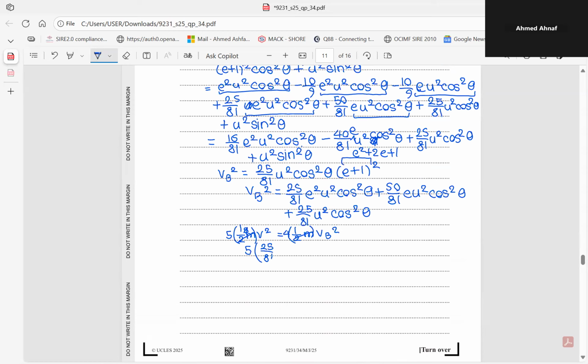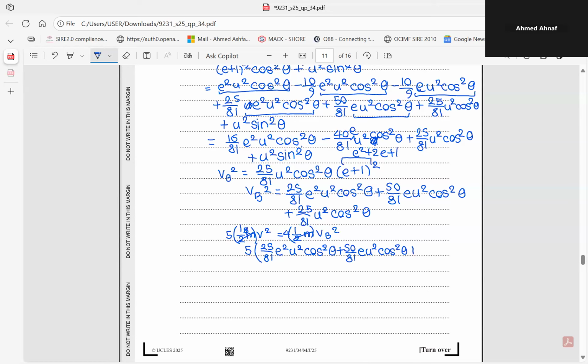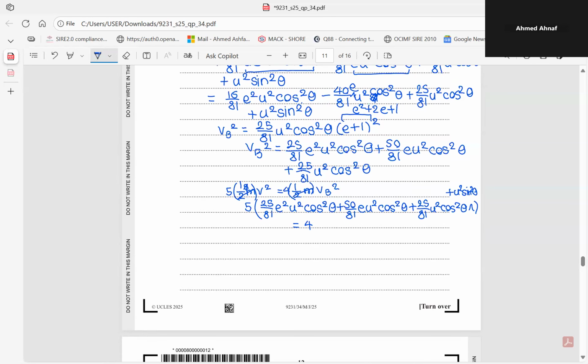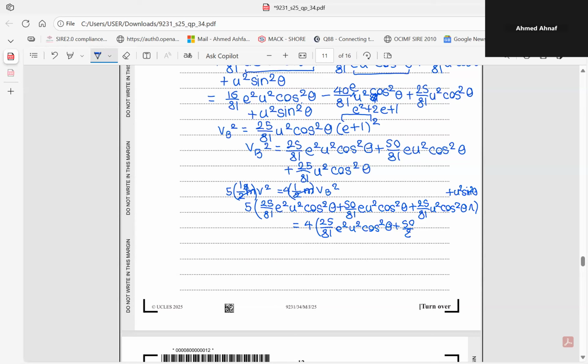You get 25 over 81 e squared u squared cos squared theta plus 50 over 81 e u squared cosine squared theta plus 25 over 81 u squared cosine squared theta plus u squared sine squared theta equals 4 times 25 over 81 e squared u squared cosine squared theta, plus 50 over 81 e u squared cosine squared, plus 25 over 81 u squared cosine squared.